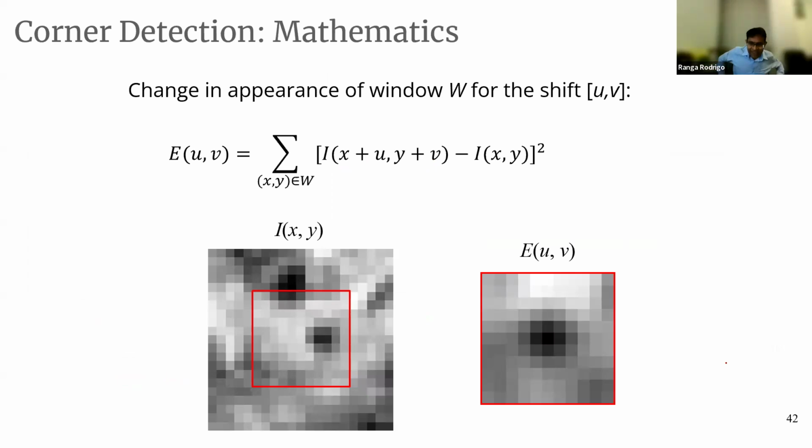It is slightly mathematical, but I think you are able to understand that. All right, so let's take this one: change in appearance of window W with a small shift. That's what we are looking at, this small shift of u and v. I is the image, and x, y is a particular location in the image. And we have added a small shift to that location.